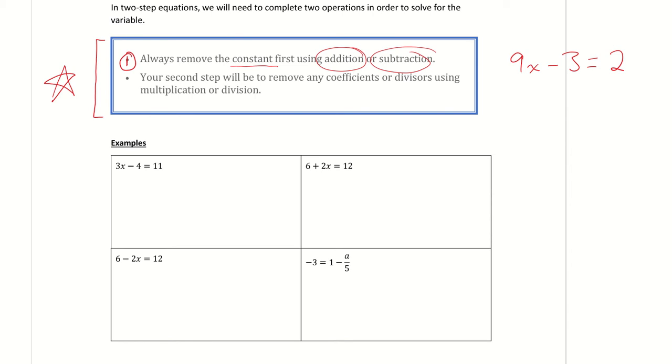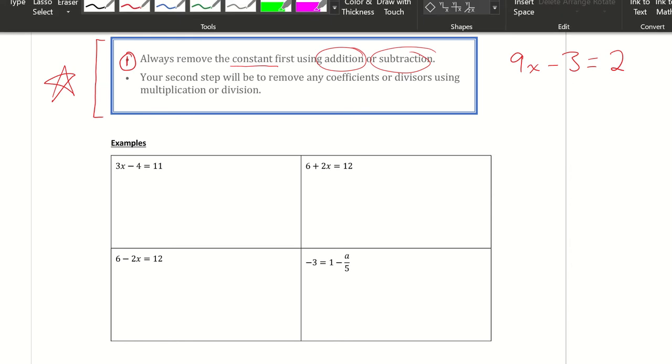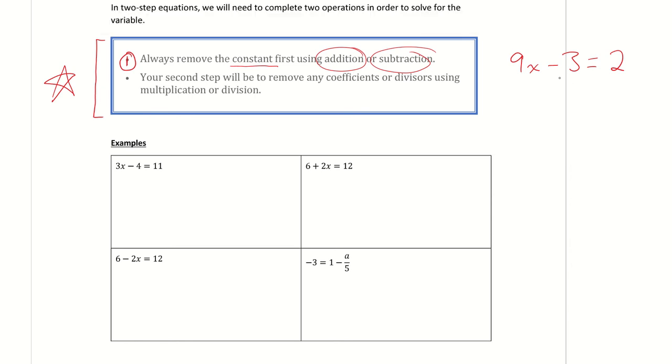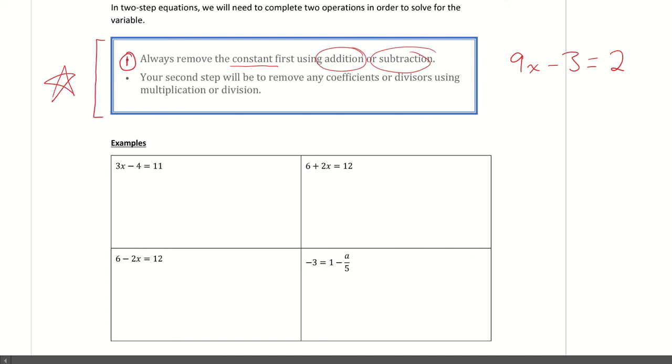So first we have to understand what the constant is. So where's the constant along with the variable here? Well, this is definitely not a constant. That is a term with a variable, so that 9x is definitely not the constant there.